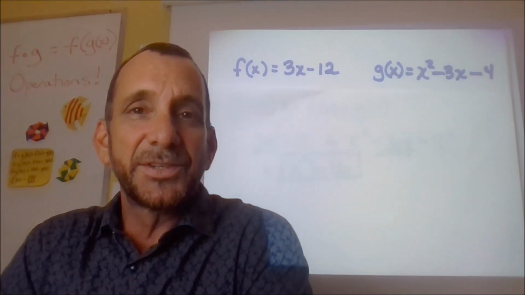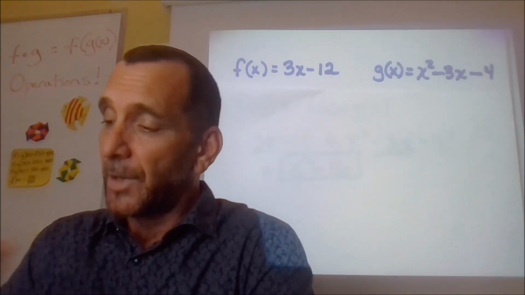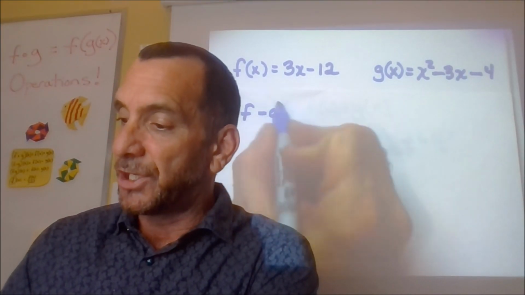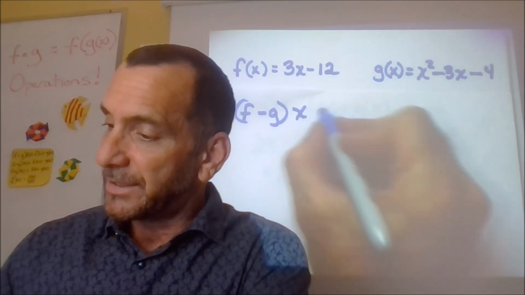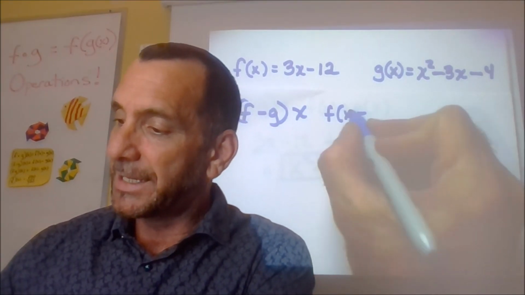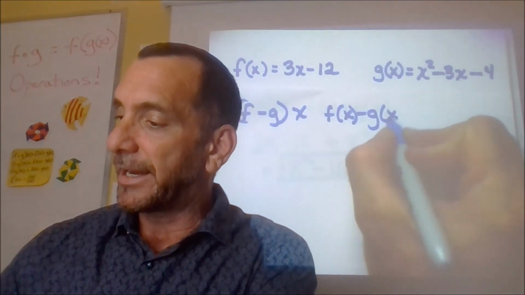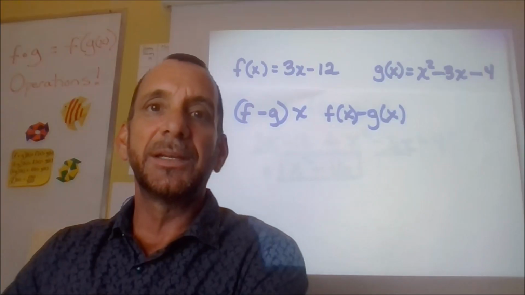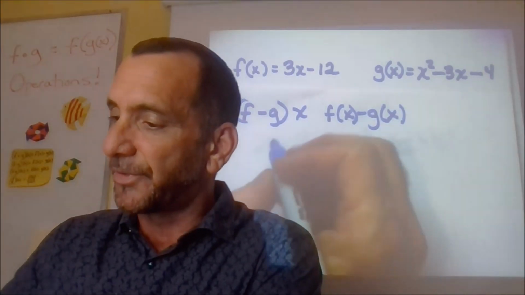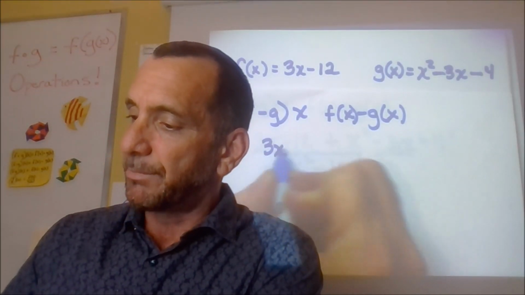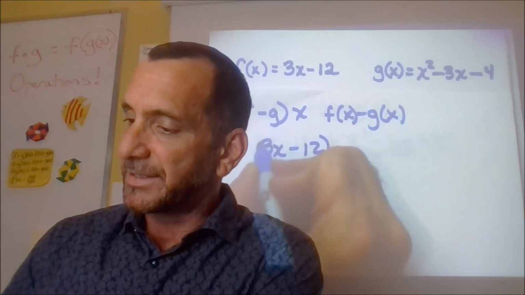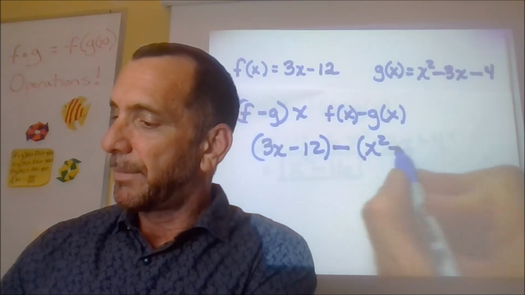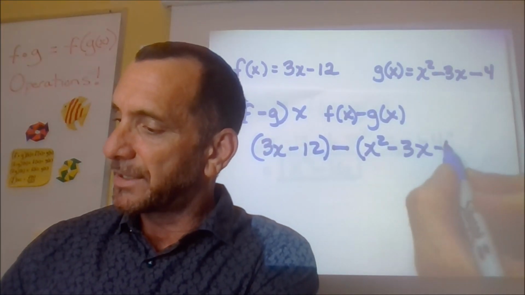Well, what if we wanted to subtract these functions? Let's say we're going to take f minus g of x. Well, that's f of x minus g of x. So let's do that, but let's be careful because we're going to need to keep our parentheses for this one. 3x minus 12, that's f of x, minus x squared minus 3x minus 4.